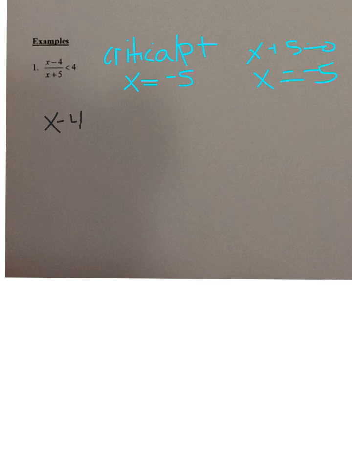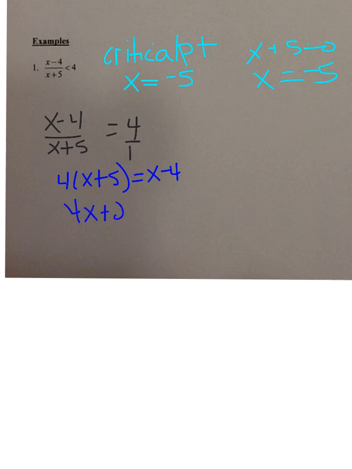I have x minus 4 over x plus 5 is equal to 4. Put 4 over 1 and cross multiply. So I have 4 times x plus 5 equals x minus 4. Distribute the 4. 4x plus 20 equals x minus 4. Minus x from both sides, I get 3x. Minus 20, I get -24. Divide by 3, I get -8.